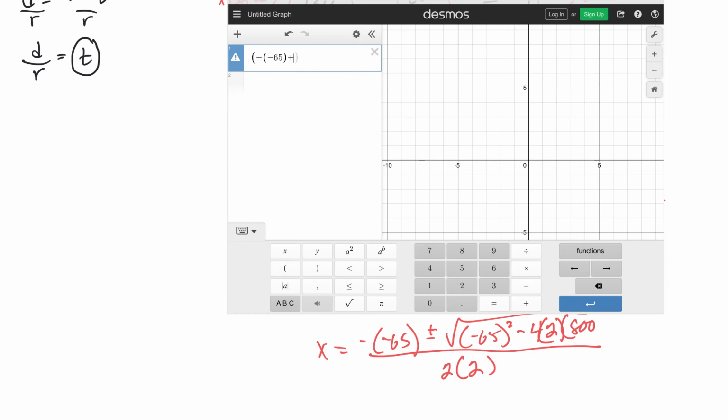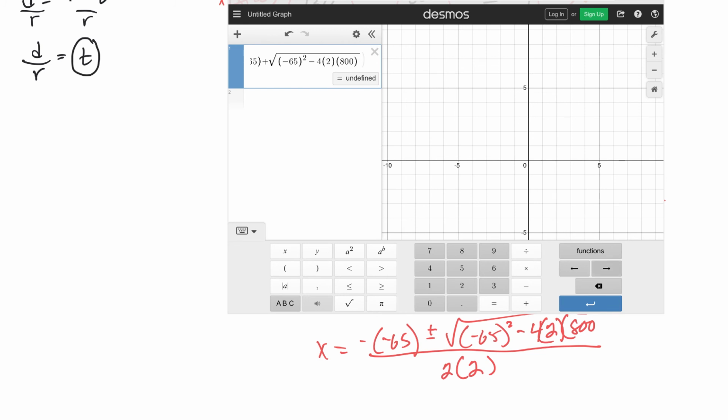Square root of negative 65 squared, minus, and I want to keep it under the square root sign, 4 times 2 times 800. Okay, close that bracket. That's it for the top.